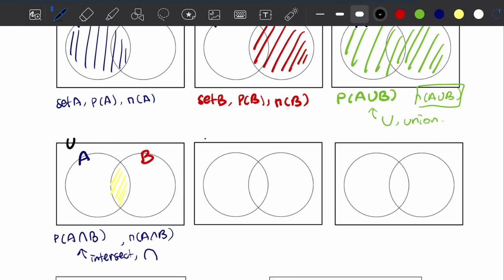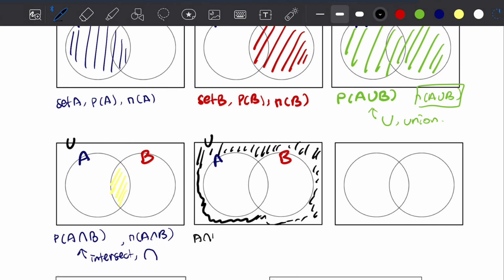Or there can be a case where we have sample space U, event B, event A. But in this case, if we just consider the region outside of A union B, like this, then this is considered the A union B complement case.